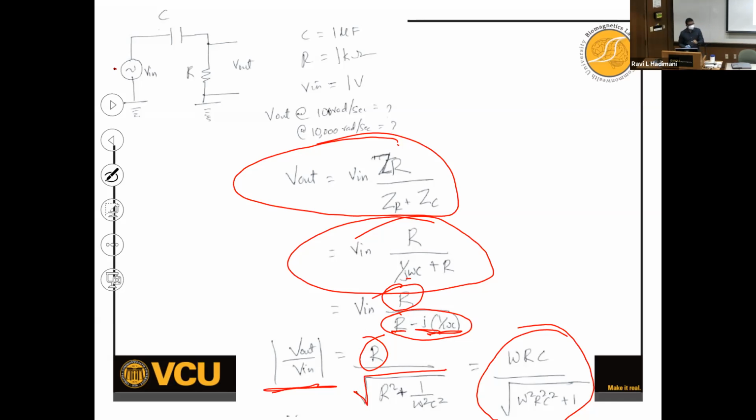This is a nice high pass filter. It allows high frequency signals to come out. So where do you think you can use it? High pass filter. You want only the high frequency out.